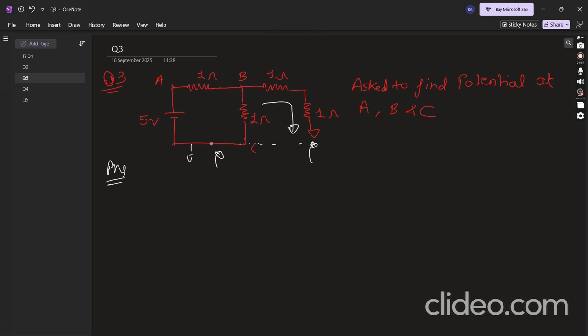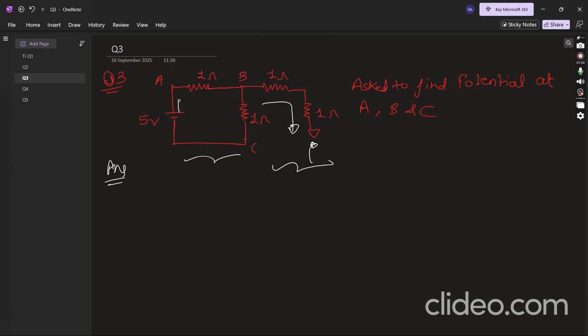If the interviewer says this is also wrong, then we can say this is connected. So we can form the circuit like this, but this is not connected, so this part is separate and this part is also separate.